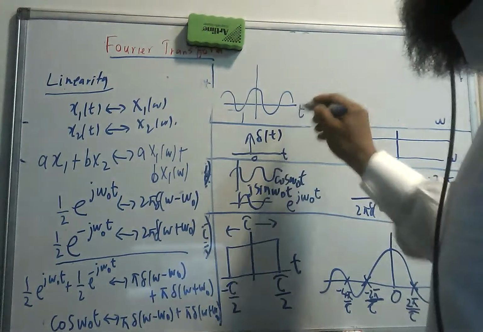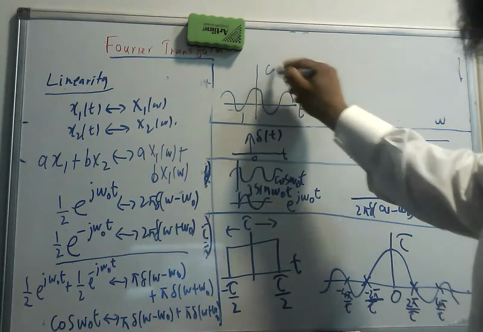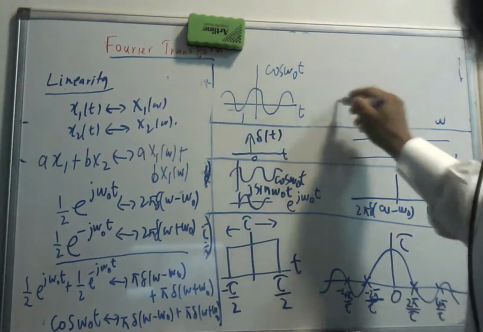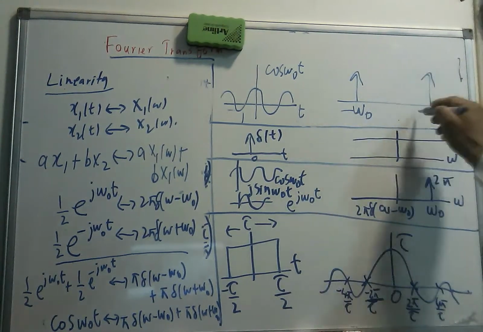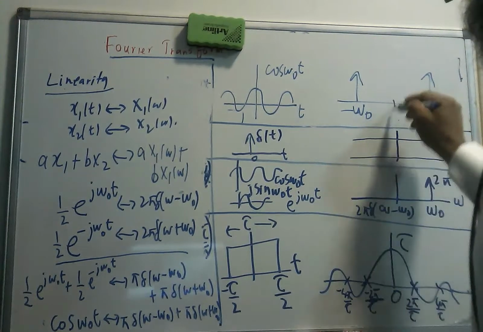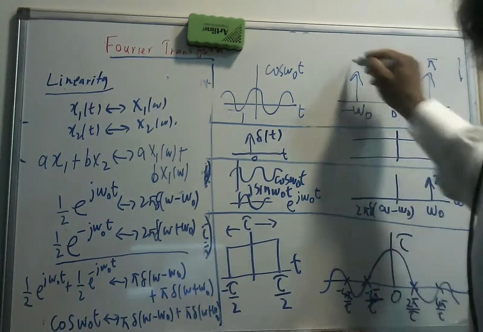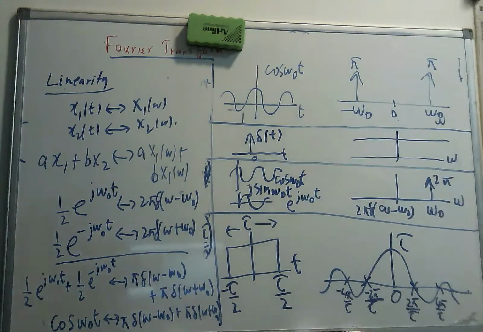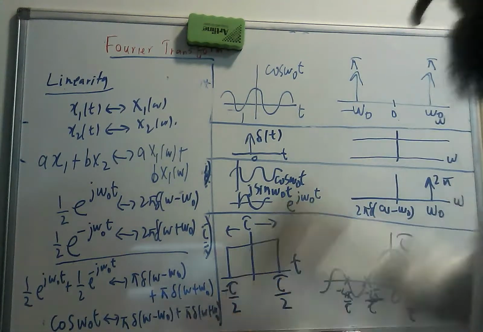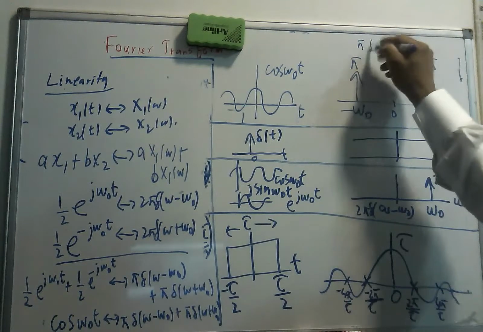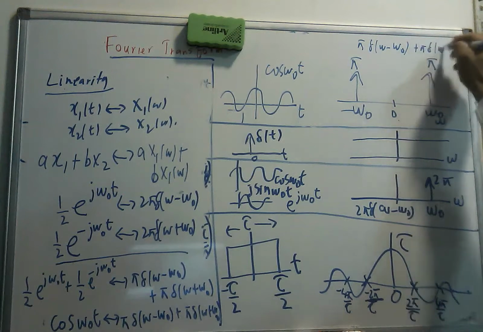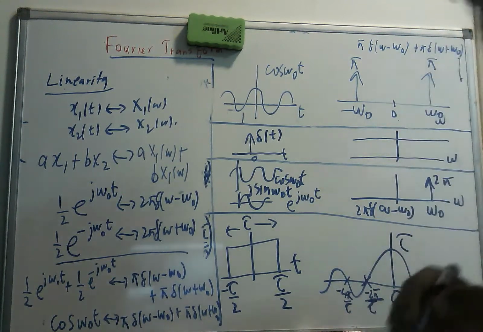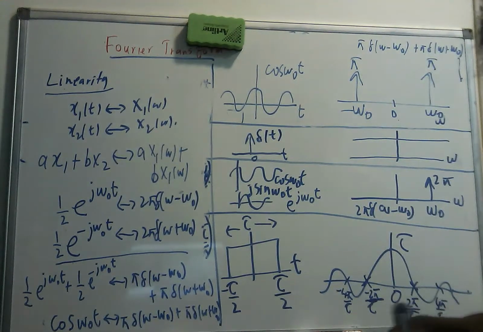This is my cosine omega naught t, and the Fourier transform of this is just, and the amplitude is pi. So pi delta omega minus omega naught plus pi delta omega plus omega naught. So this is the property of linearity.